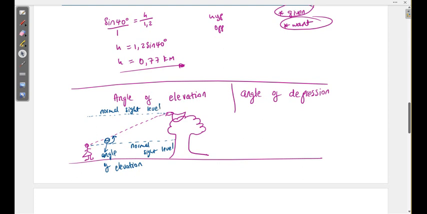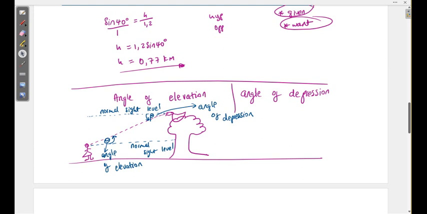But the bird had to tilt its head downwards so that the bird could see the girl. So it means that the bird had to tilt the head downwards and formed a bit of an angle here. I'll call it beta, that one. Now, because the bird had to look downwards, this one we call the angle of depression. You can think of when you are depressed, you look down, so you form an angle downwards. So that is the angle of depression.